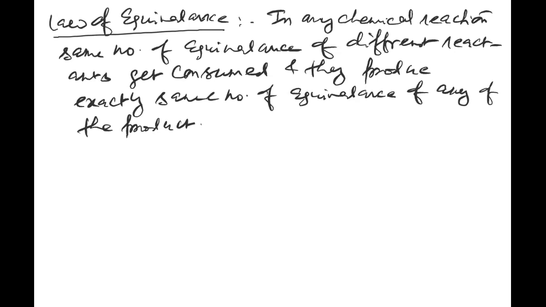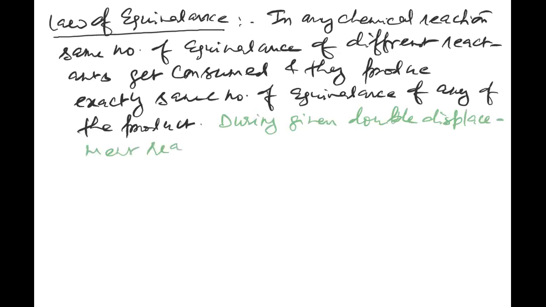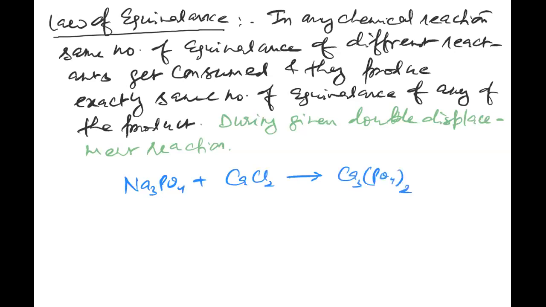For example, during a given double displacement reaction: Na3PO4 plus CaCl2 gives Ca3(PO4)2 and NaCl.